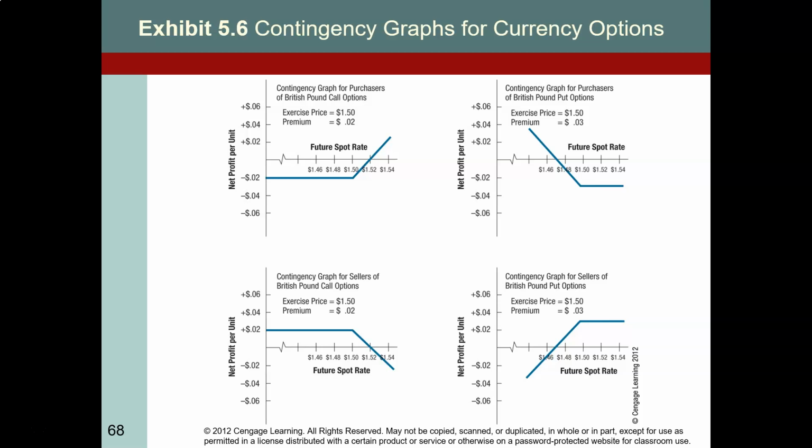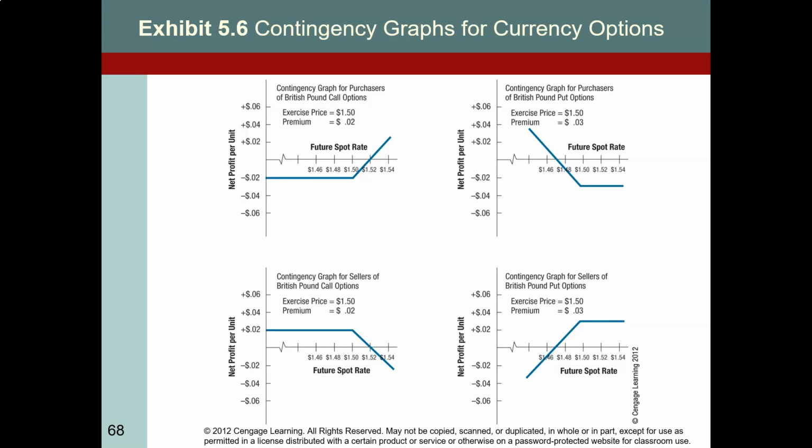For the contingency graph for purchasers or buyers of a British pound call option, if the call option gives an exercise price of $1.5 and requires a premium of $0.02, then if the future spot rate rises above 1.5, we will exercise the option and make a profit from the exercise.